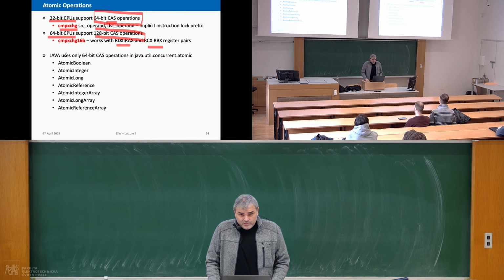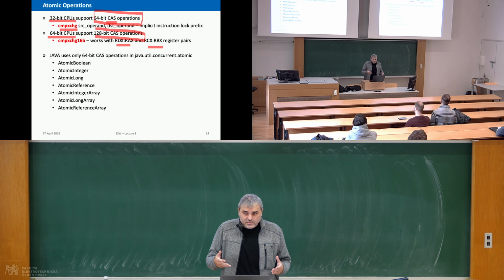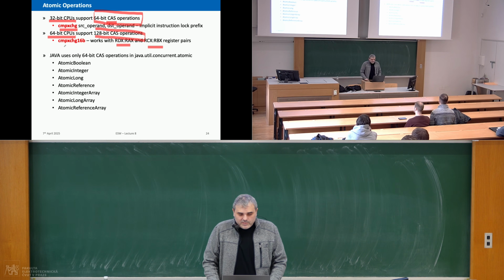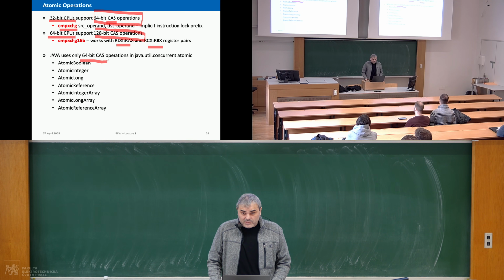There is one drawback in Java. Because there still exists a 32-bit implementation of the Java virtual machine, in order to make things easier, it internally uses just 64-bit compare and set operations. It is not utilizing these 128-bit atomic operations.